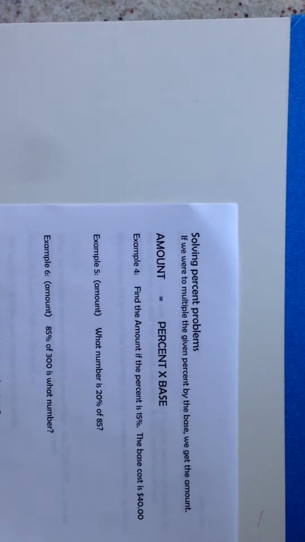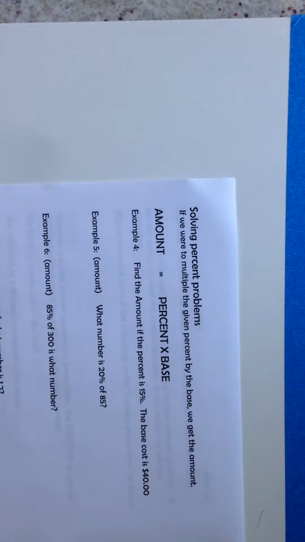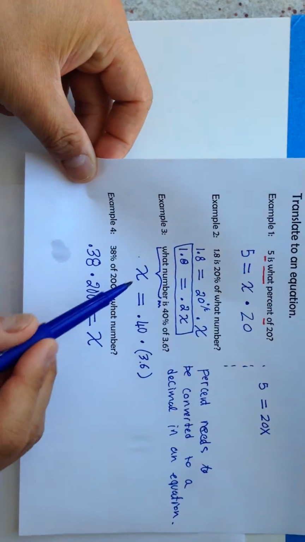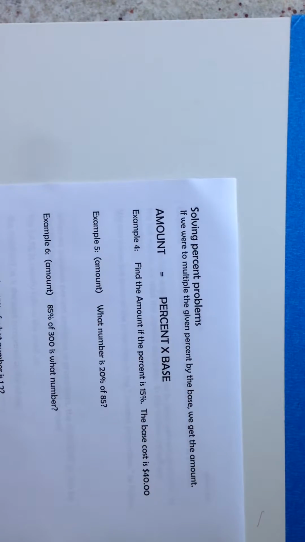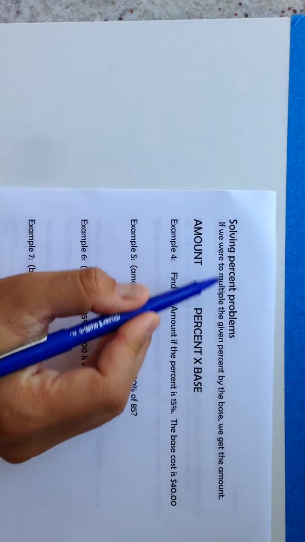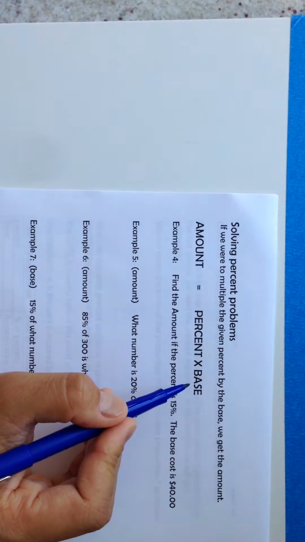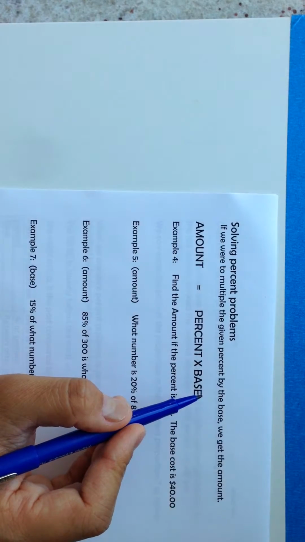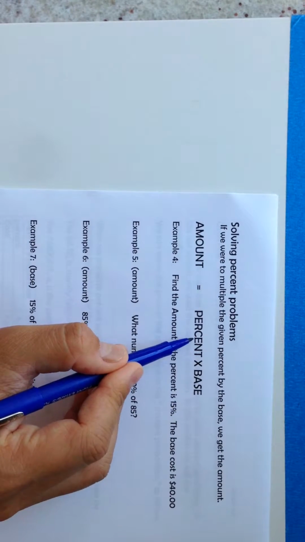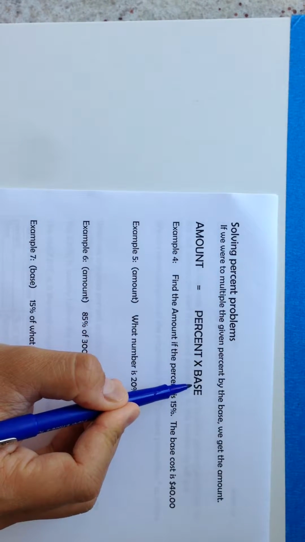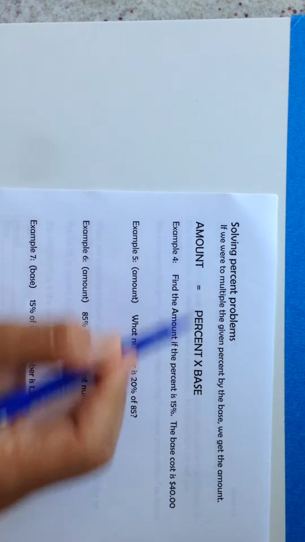Now we get a lot of these equations, but what do they really mean? Well, in solving percent problems, if we multiply the percent and the base, then you get what's called the amount.